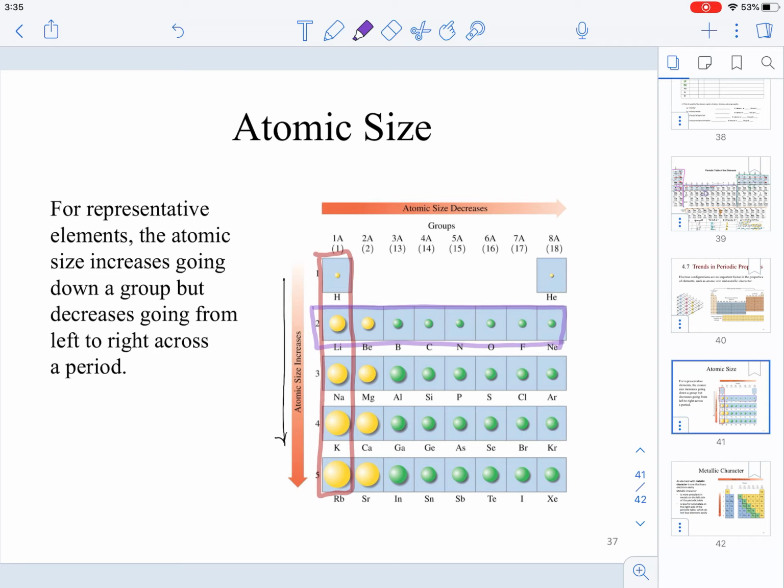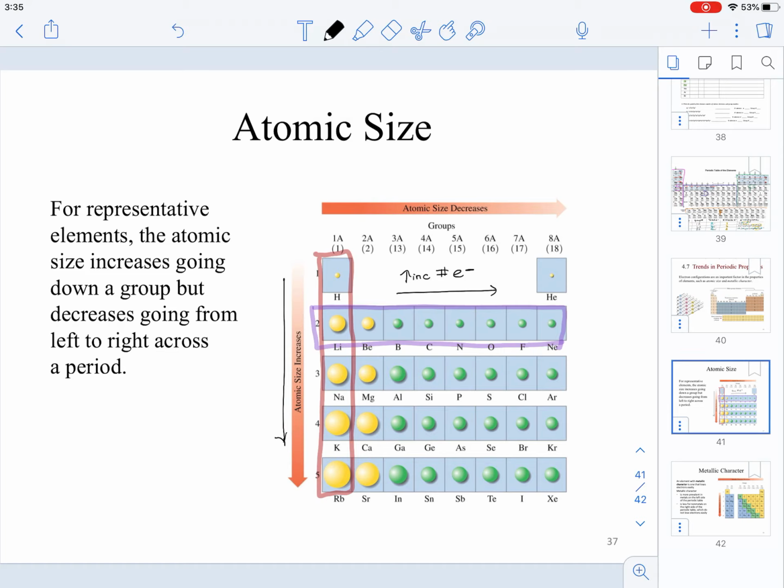Now, why is this occurring? We know that as we're moving from left to right, there is an increase in the number of electrons. So if you have more electrons, wouldn't you think that you get larger? Well, that is not the case.